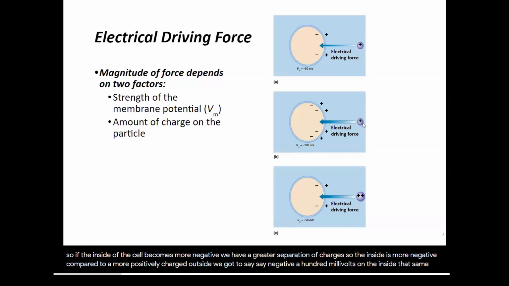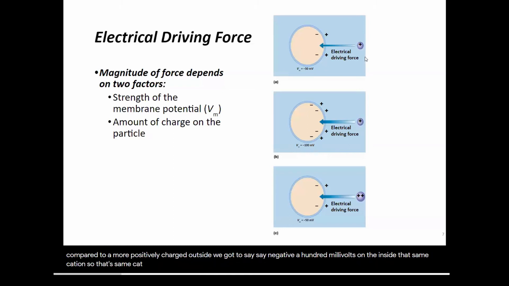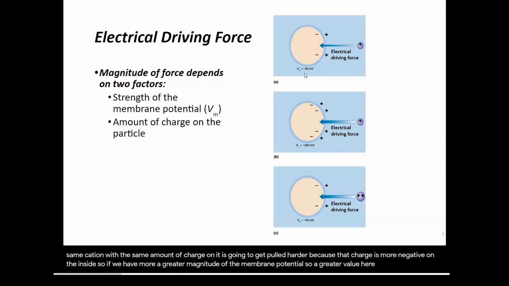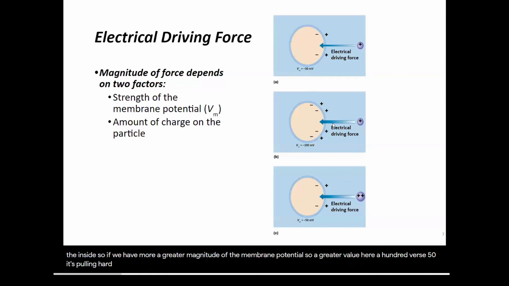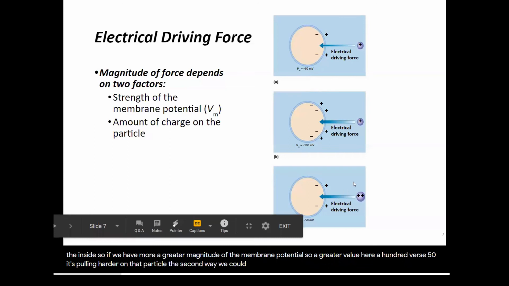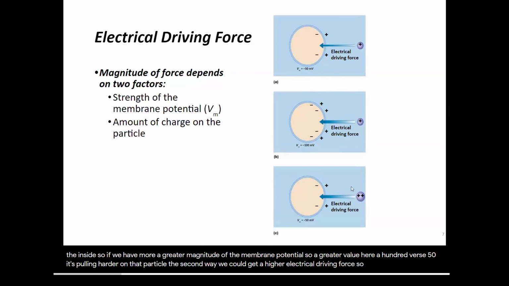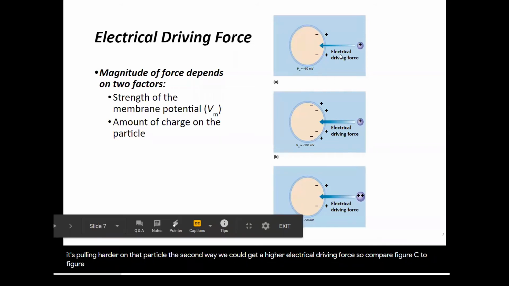That same cation, with the same amount of charge, is going to get pulled harder because the inside is more negative. So with a greater magnitude of the membrane potential, 100 versus 50, it's pulling harder on that particle.